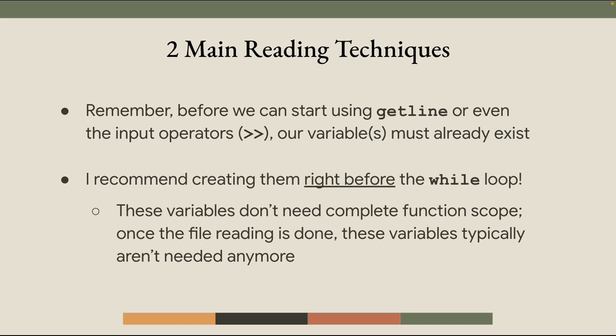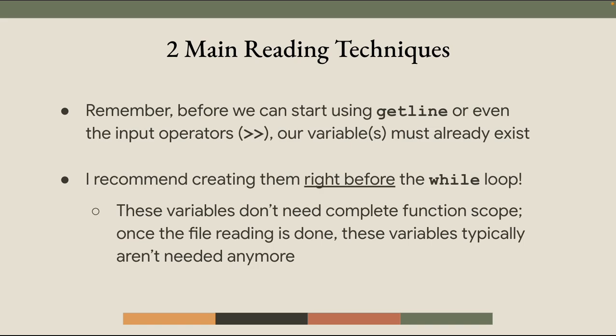We already kind of talked about this, but before I can use getLine or my input operators, I need the variables because I'm trying to take it from the file and put it somewhere inside of my program. So before I even go into my while loop, I'm gonna create my variables. I recommend creating them between the if statement that checks if the file is open and the while loop.